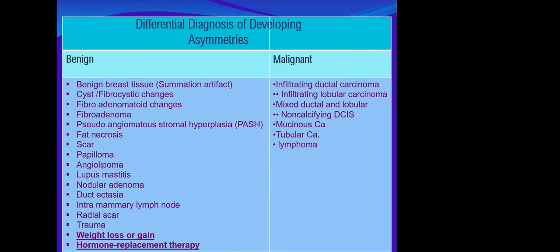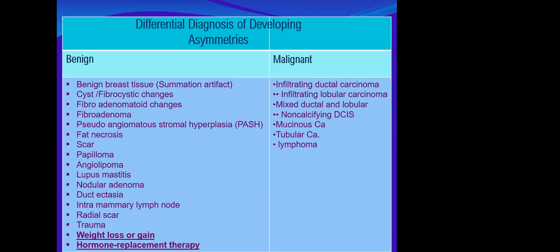We have seen an example for weight loss, and even weight gain can give you asymmetry, and we have seen this due to hormonal response. Hormone replacement therapy or any exogenous hormone taken by the woman might result in a developing asymmetry.